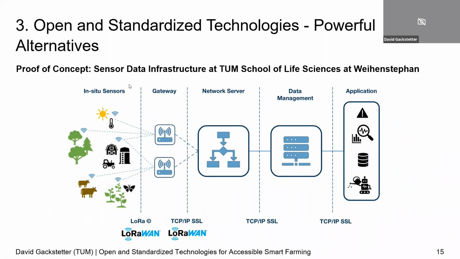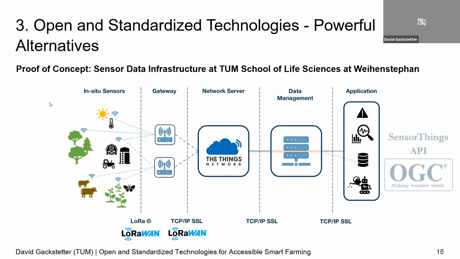So, as I mentioned, for data transmission and network communication, we use the LPWAN standard LoRaWAN, with The Things Network as an implementation of this standard, which is also freely available, can be used in the community version, but can also be hosted.